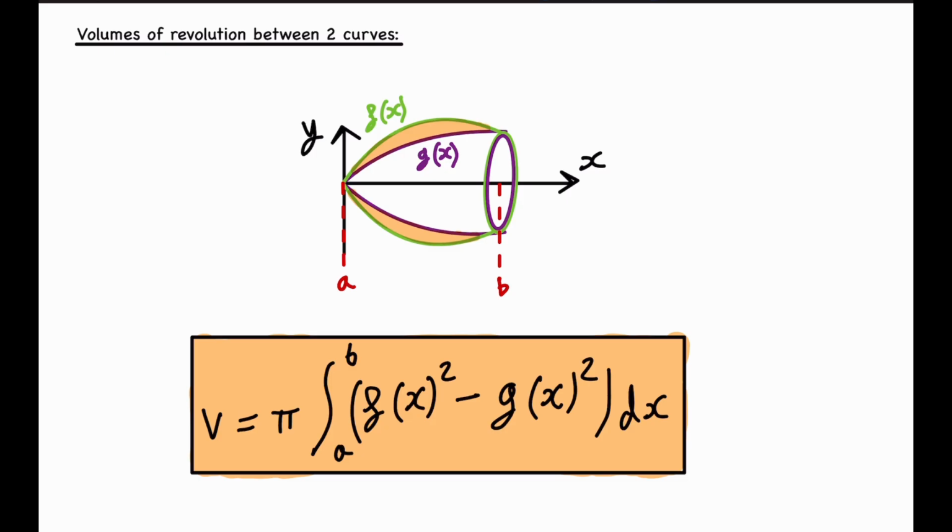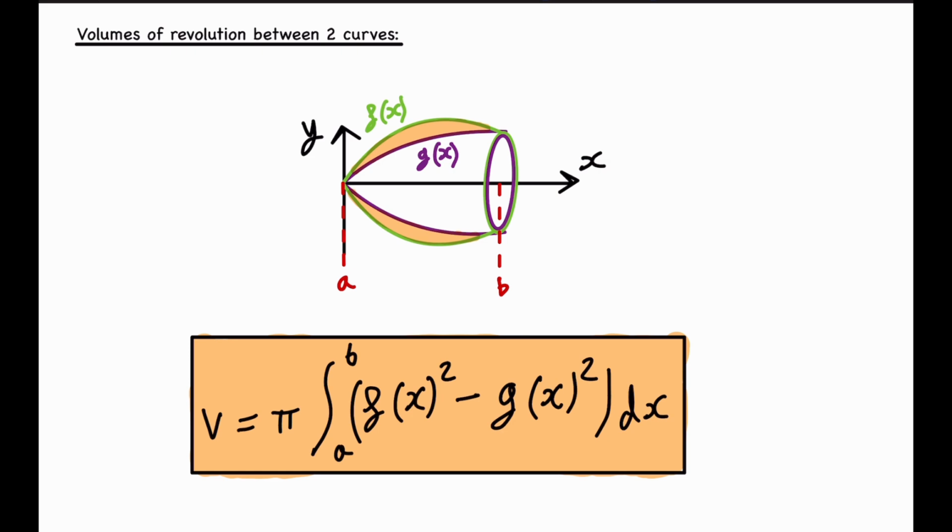So basically the formula is, if you have two curves and you're trying to find the volume in between them once you do a volume of revolution, so this volume here that I've highlighted, your equation will just be the volume is equal to pi times the integral between the two limits, so your a and b. And then inside the integral, you would have your f of x, which is the outer function, squared, take away your inner function squared, and then you integrate this whole thing together.